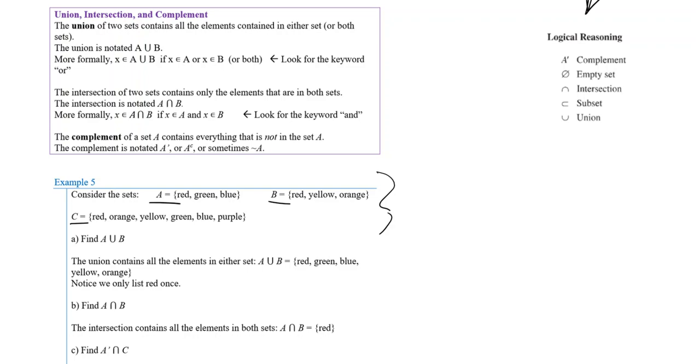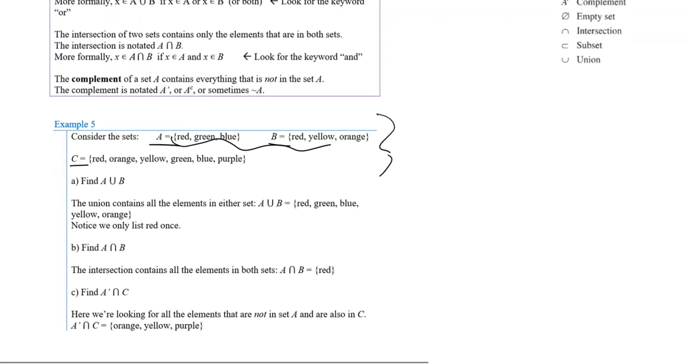It can be in this one or this one. So A is red, green, and blue, and B is red, yellow, and orange. That just means I have to have all of those colors. So the union would be making sure I have everything in that. I have to make sure I have red, green, blue from A, and then also yellow, orange. Red showed up in both.